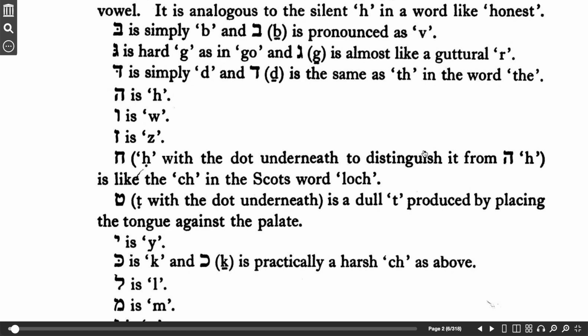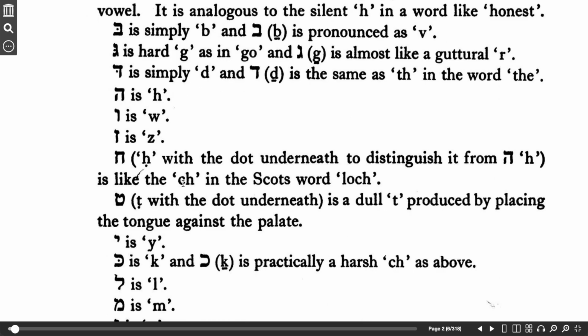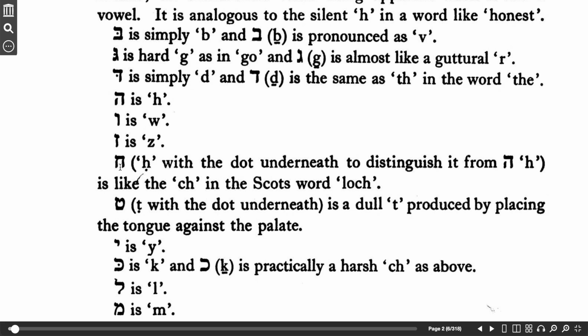The difference between the two letters in terms of how they look is that this one has an open space right there, but this one closes it. So that's the difference between which letter you're thinking of and which letter is being used. But this Chet sound is like the CH in the Scots word loch, like Loch Ness Monster, loch. So think of that as the pronunciation value of the letter.